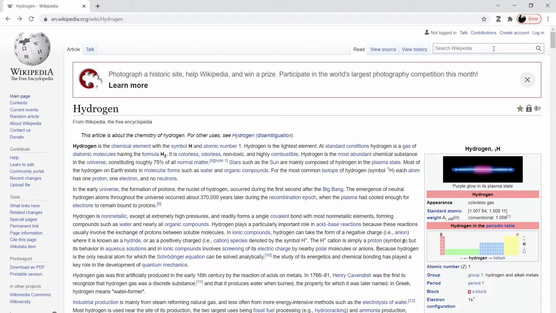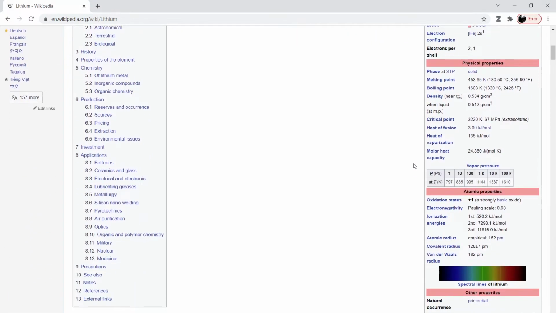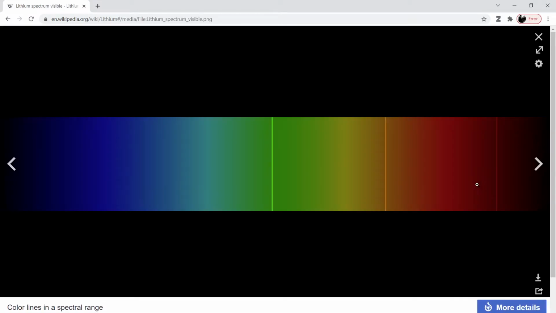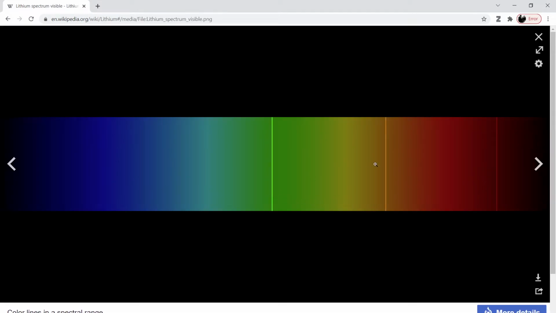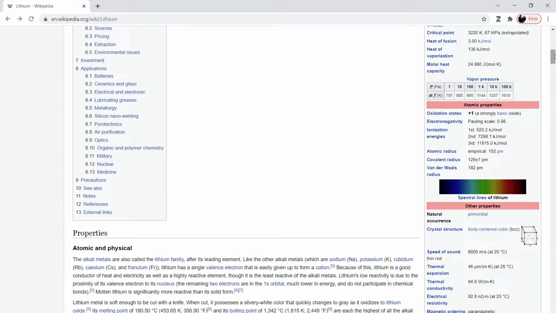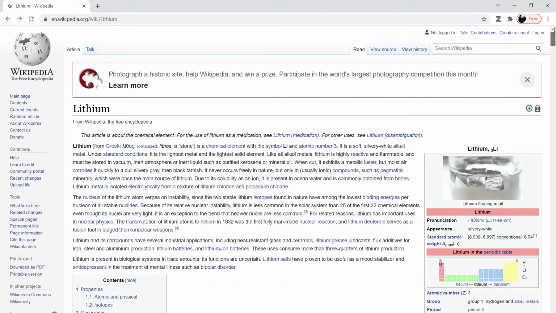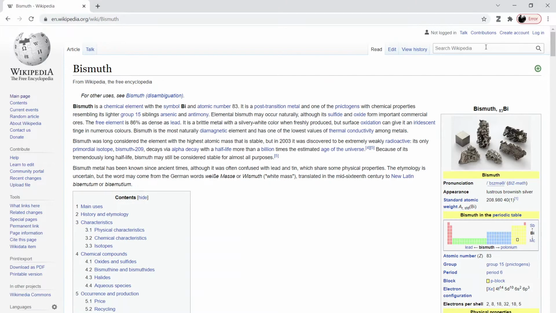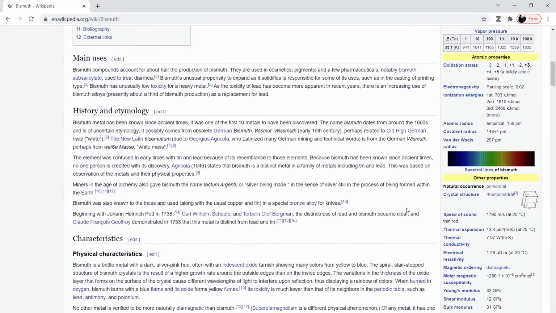How about we look at lithium? Notice lithium has green, orange, a different red than the hydrogen had. Lithium's a pretty simple element, only 3 electrons. Let's look at bismuth, 83 electrons. Let's see what we've got here.